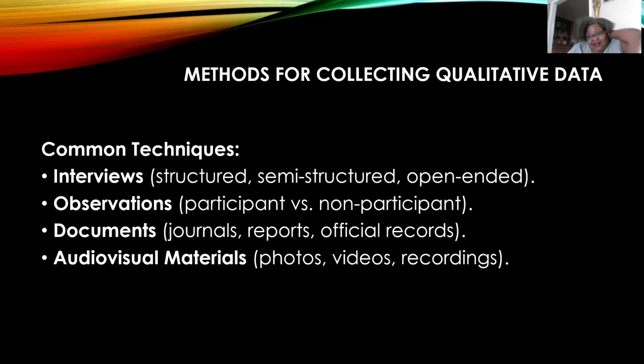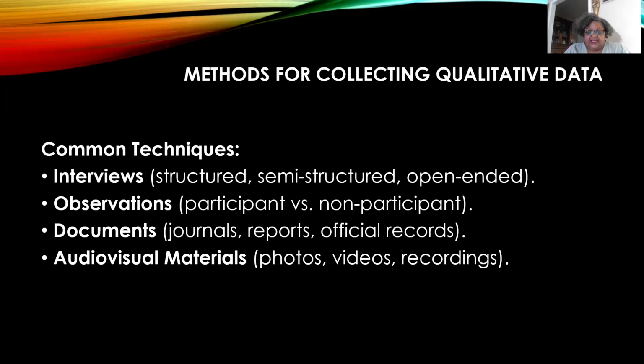So what are some of the common methods for collecting qualitative data? This is what solidified my understanding of qualitative research as opposed to quantitative. Some of the techniques for collecting qualitative data are interviews, observations, documents, photos, videos, recordings, those types of things, where you can't really have numbers per se, but you would realistically look at real subjects and how they interact with your research.